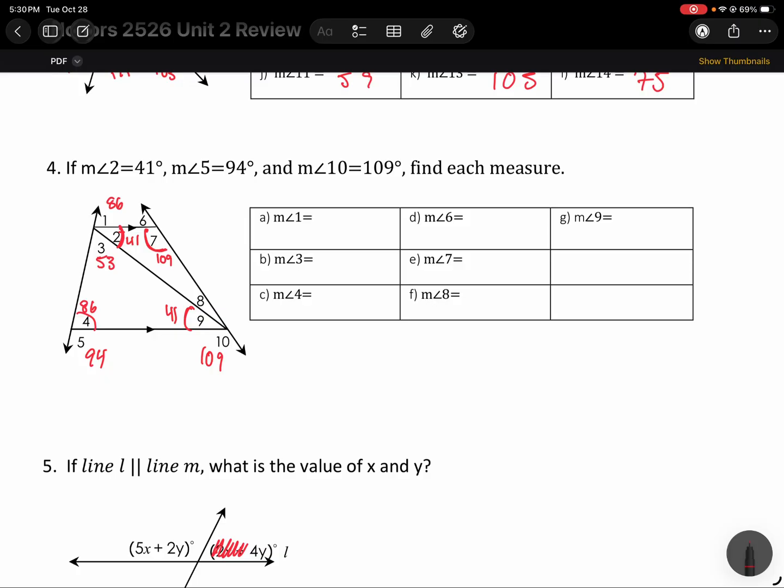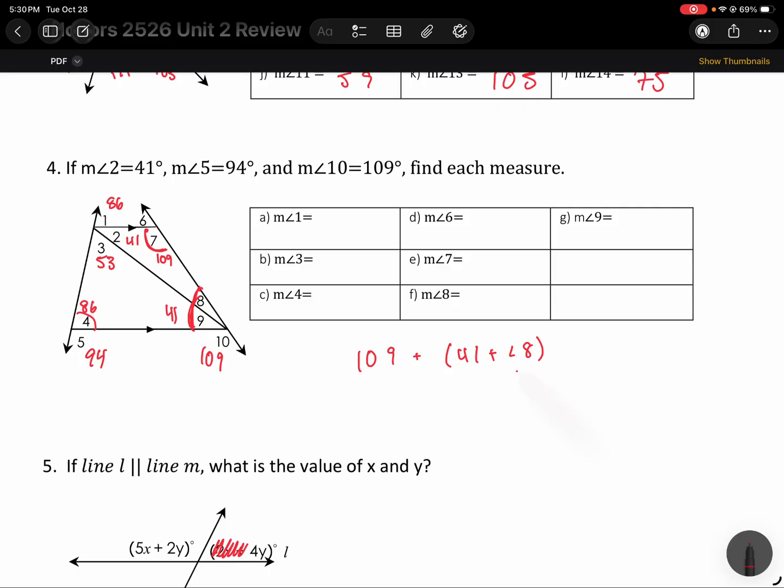And then with angles 7, 8, and 9, so 8 and 9 plus 7 create a same side interior angle, meaning 109 plus 41 plus angle 8 create a same side interior angle together.